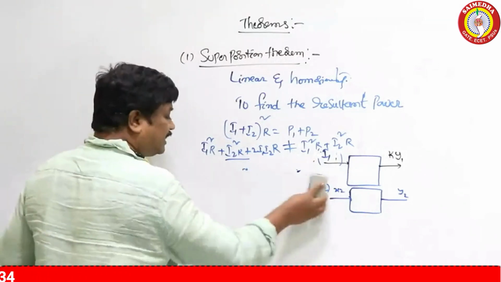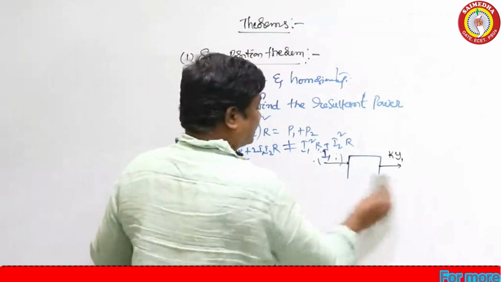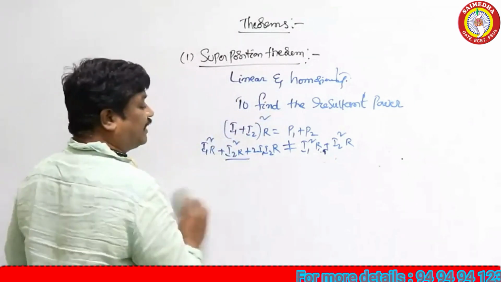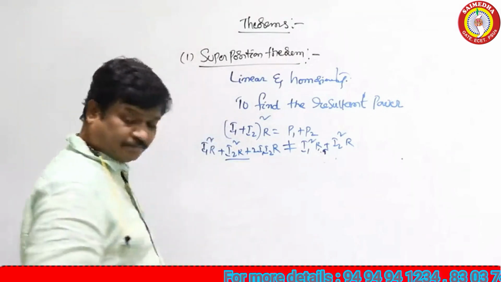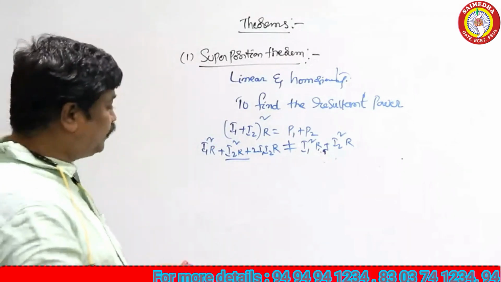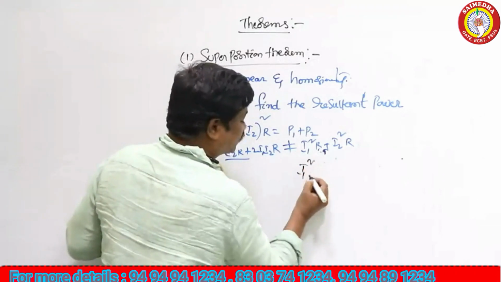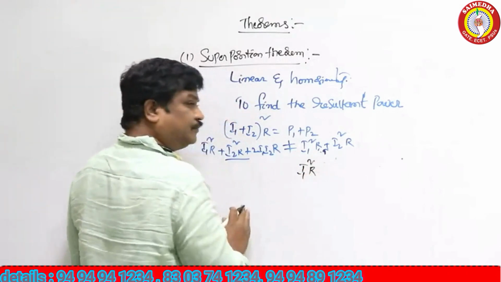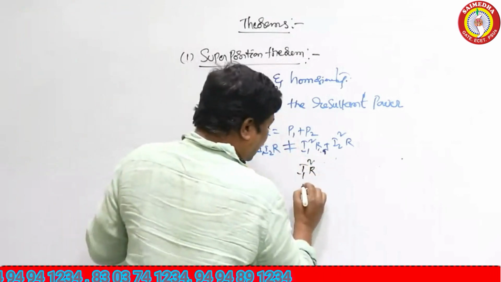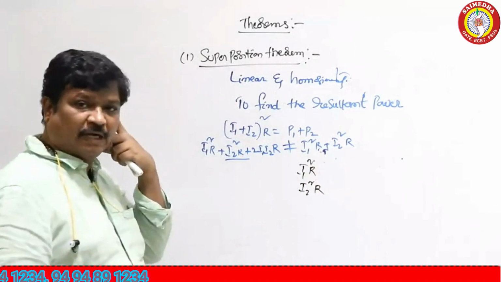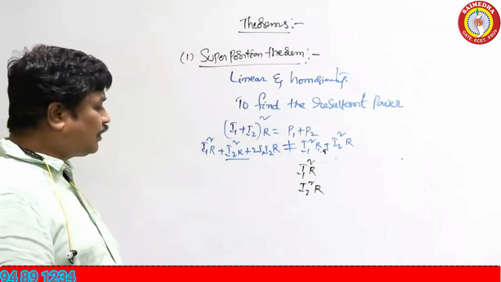But what is the resultant power formula? For example, due to I1, some power is there. Due to I2, some power is there. Due to I1, I got power of I1 square R. Due to I2, I got power of I2 square R. So how to get the resultant power?